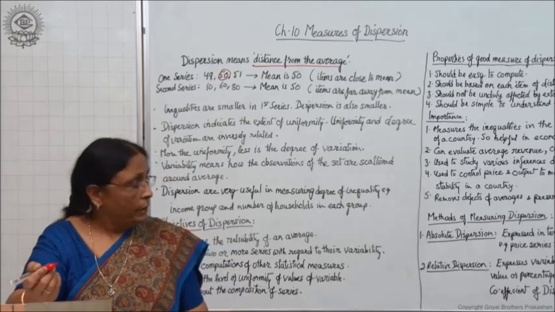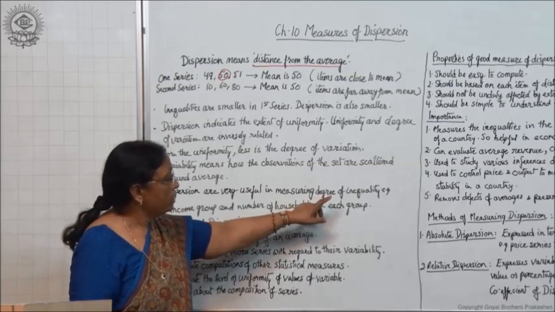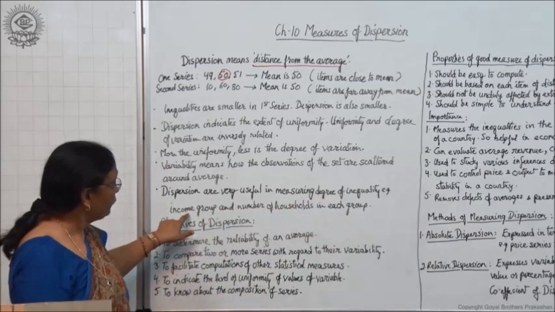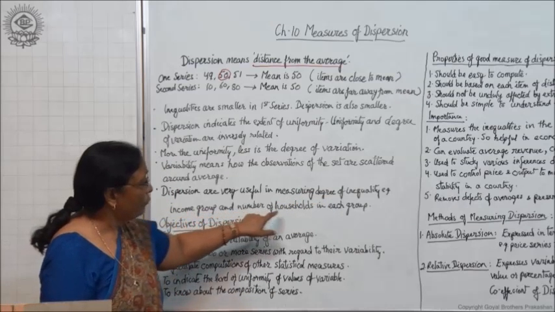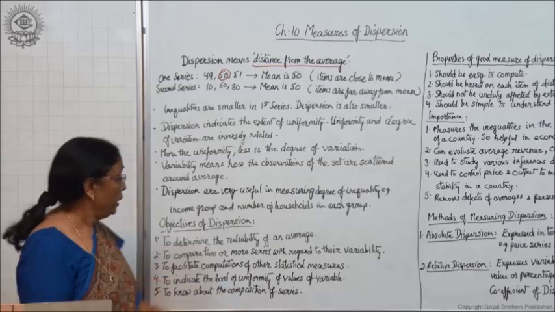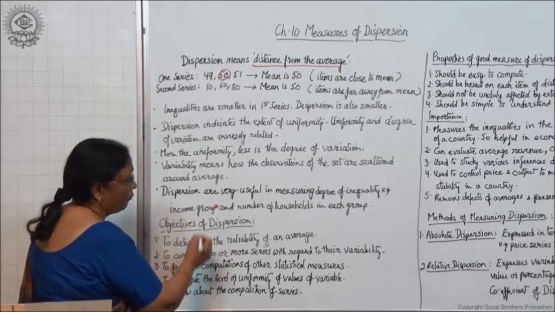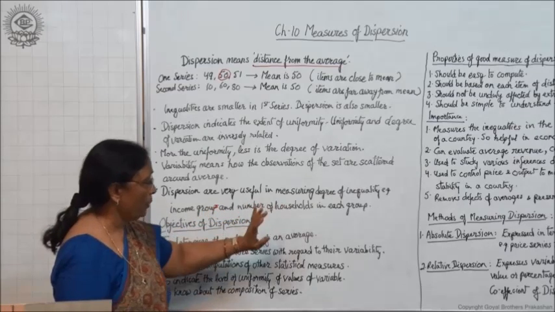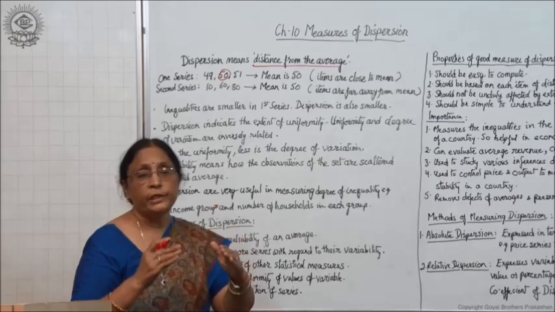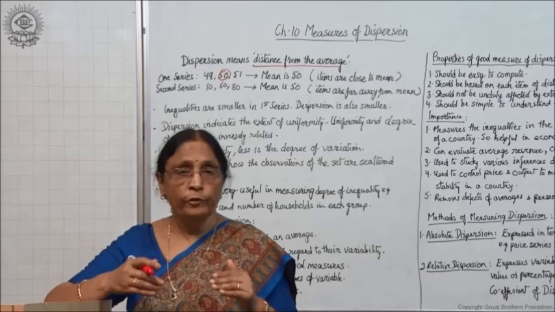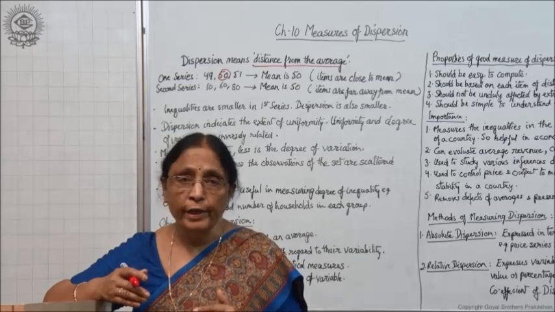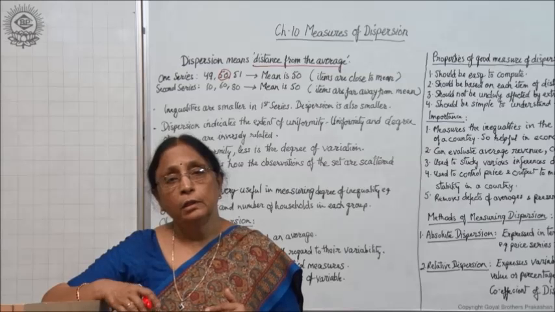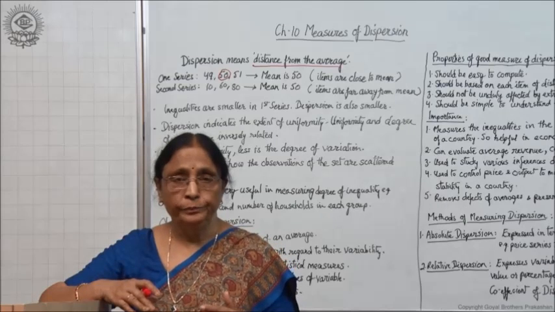Now, for example, if data is given to you, different income groups and number of households in each group, then you can easily find out with the help of measures of dispersion what is the inequality of income.